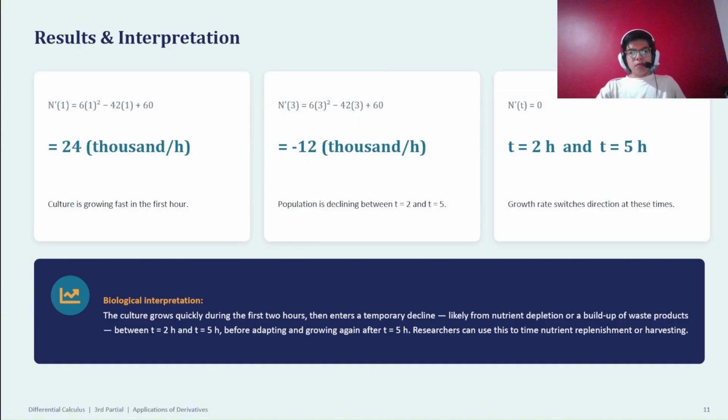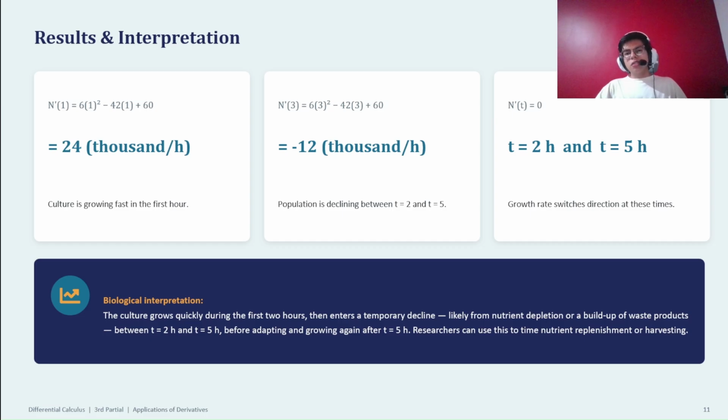So we have the results: A equals 24,000 divided by h. So here the culture is growing fast in the first hour, and B equals minus 12,000 divided by h. Here the population is declining between t equals 2 and t equals 5.